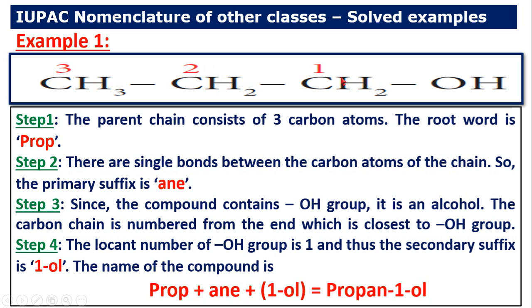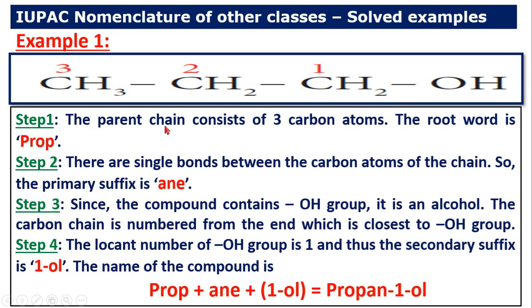Three carbons means the root word is prop. At the first carbon, a functional group is attached. This is an alcohol, and for alcohol the suffix used is OL. So the functional group is at the first carbon: propane-1-ol.